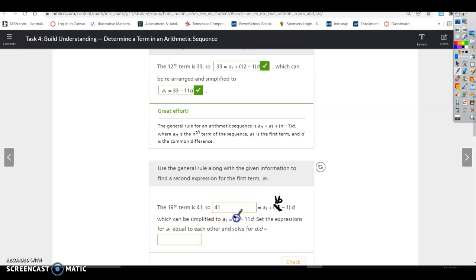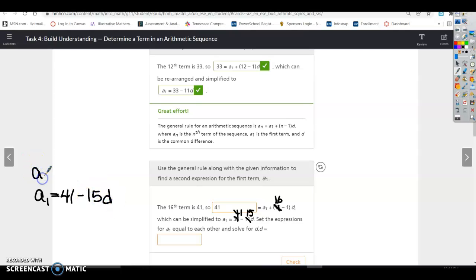So this should be 41 minus, and it's not 11d, 16 minus 1 is 15d. All right, so for right here, the equation would be a sub 1 equals 41 minus 15d.